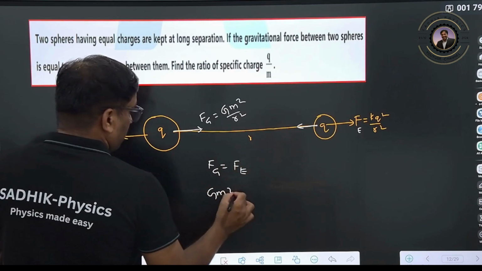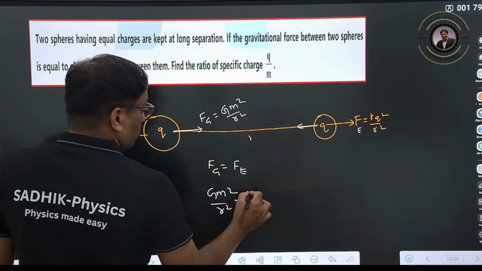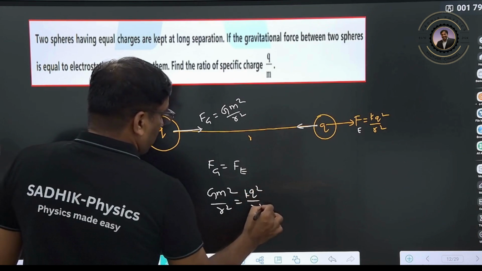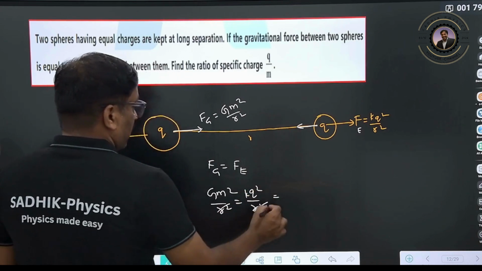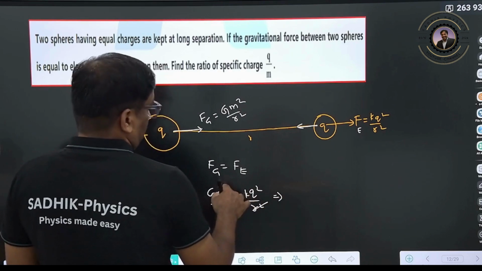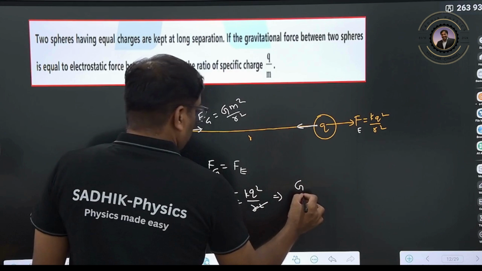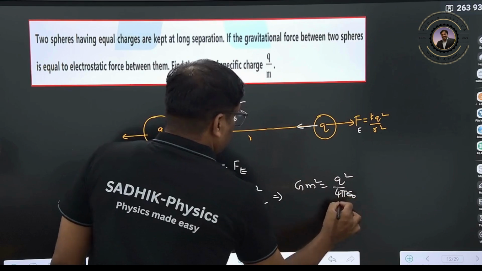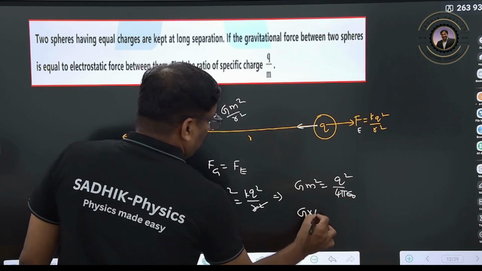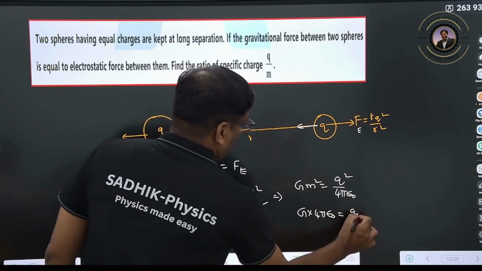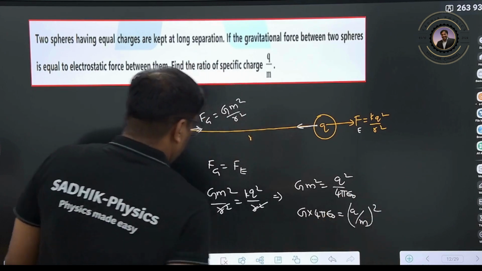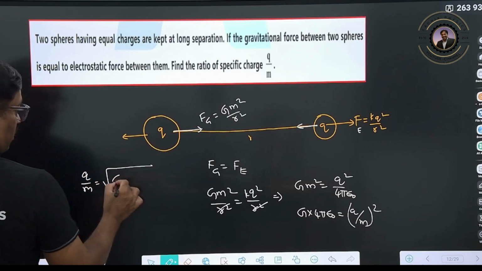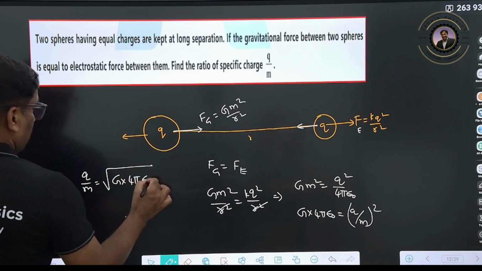So G m square by r square equals k q square by r square. r square cancels out. Therefore G into m square equals q square by 4 pi epsilon naught. So G into 4 pi epsilon naught equals q by m whole square. Therefore q by m equals root of G into 4 pi epsilon naught.